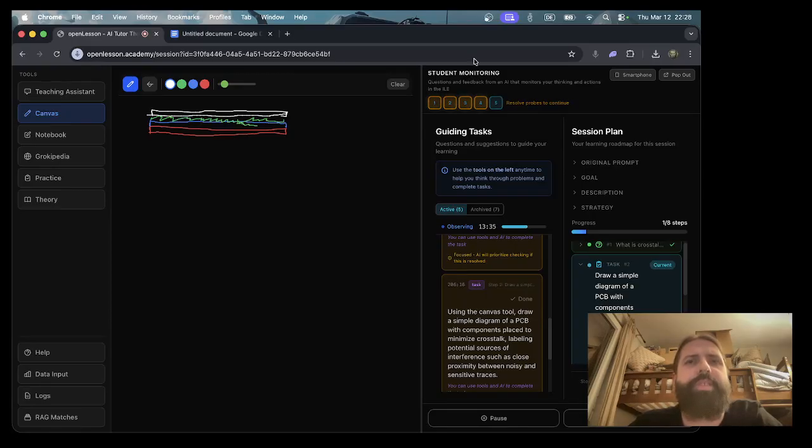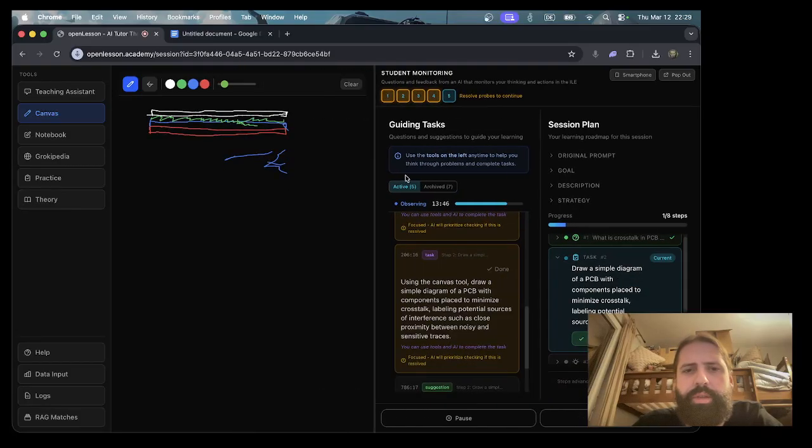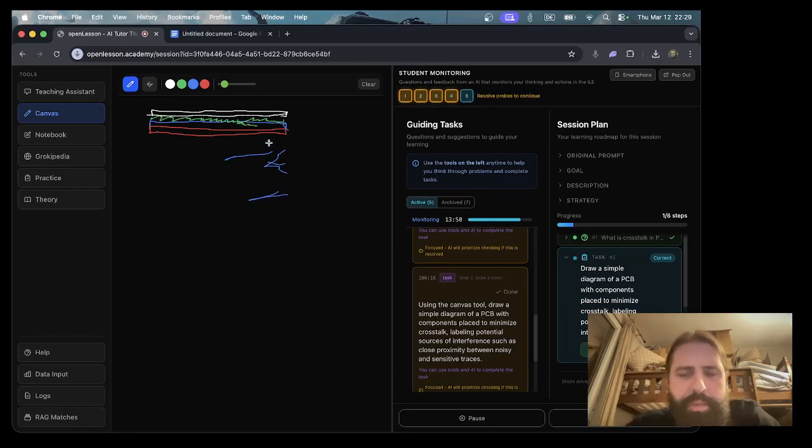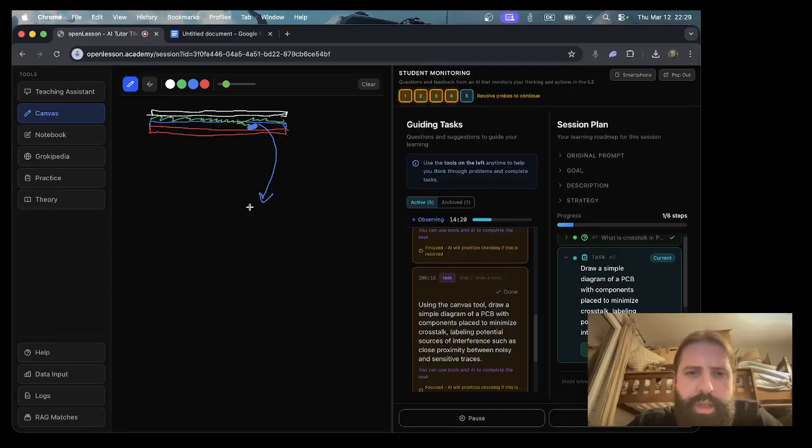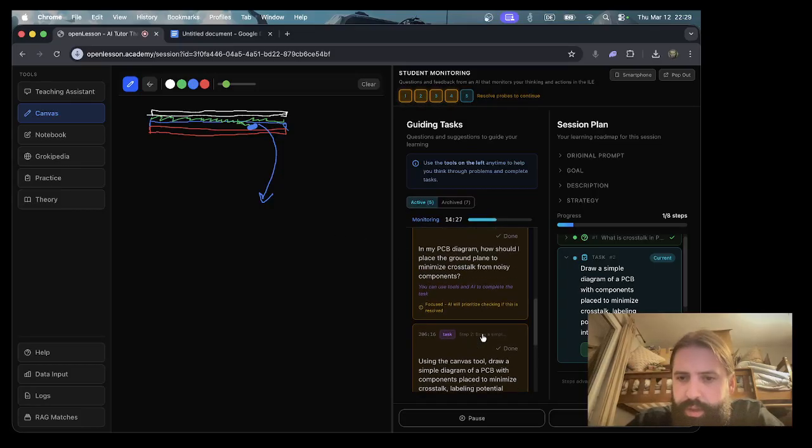What did we say? The blue thing is called the ground plane.